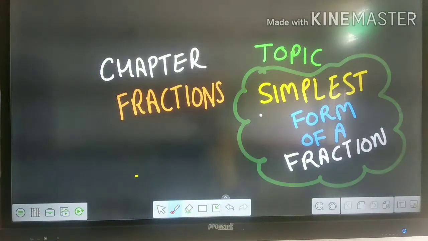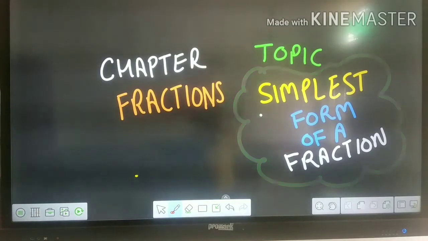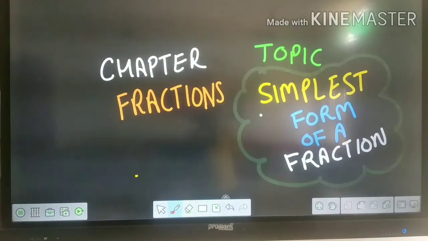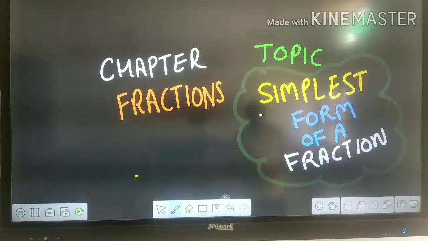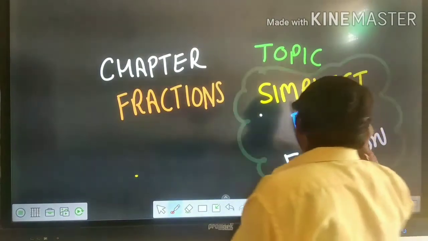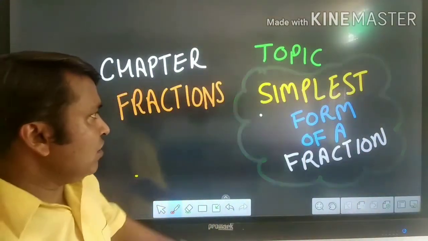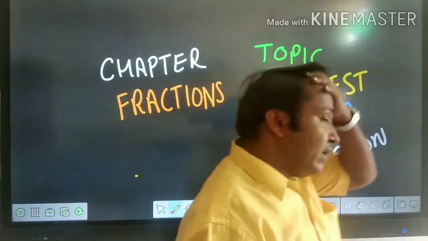The chapter is going on fraction and we are on the topic simplest form of a fraction. So let us talk about this topic. What is the simplest form of a fraction?